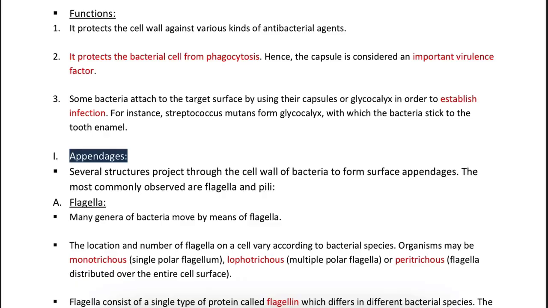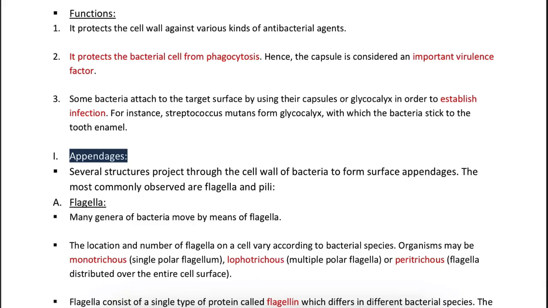First one, antiphagocytic. Antiphagocytic means it inhibits engulfment by neutrophils and macrophages. Next one, virulence factor. It increases pathogenicity, for example Streptococcus pneumoniae, and gives protection against antibiotics, desiccation and host defenses.